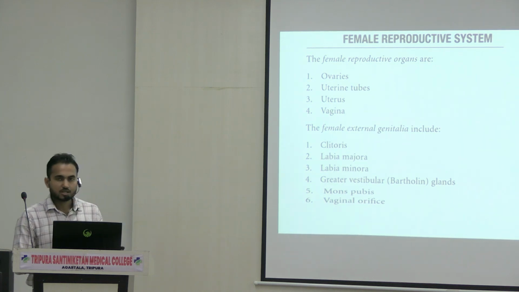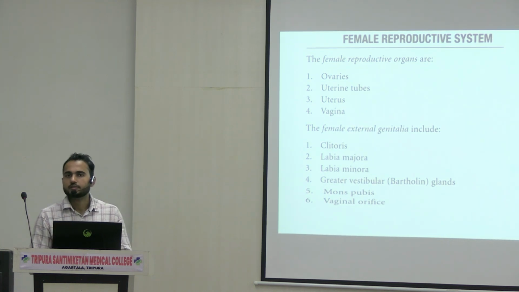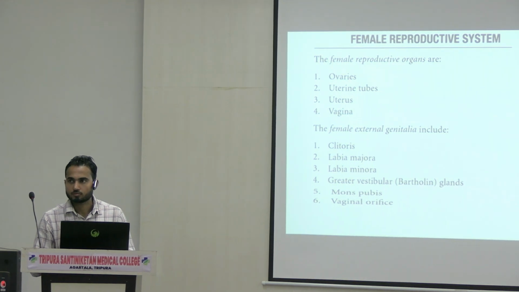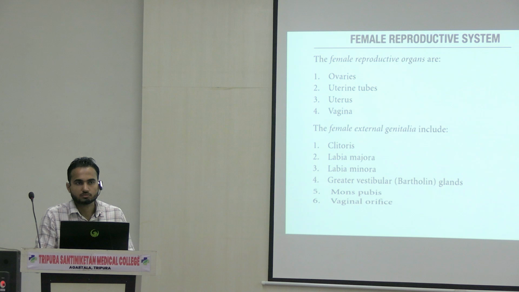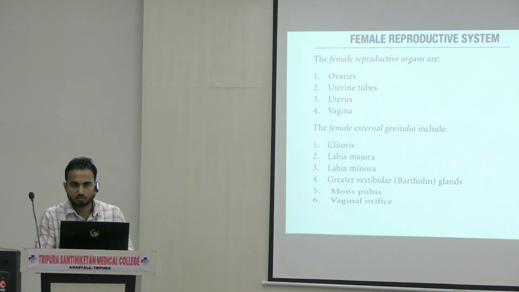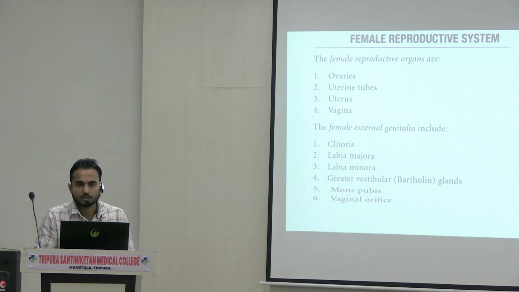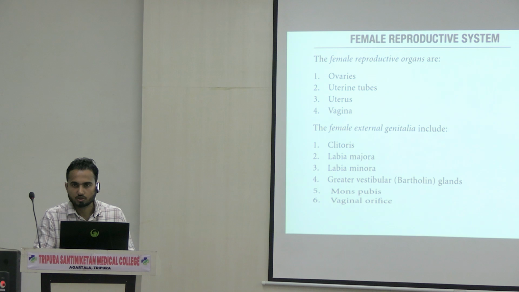Now, what is present in the histology of the ovary? Any idea? What is the main function of the ovary? To produce ovum. That means, what do you think will be present inside the ovary? See, histology means you have to cut the ovary, take a thin section, prepare the slide, then see it under the microscope.